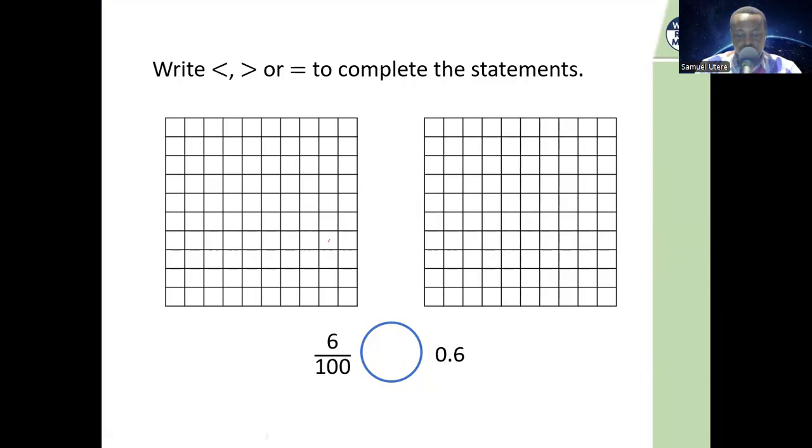First example. If you're asked to write these relational operator symbols, these greater than, less than, or equal symbols, to complete the statements, what would you do? Have a think. Well, if we shade 6 hundredths, that would be 6 little squares shaded.